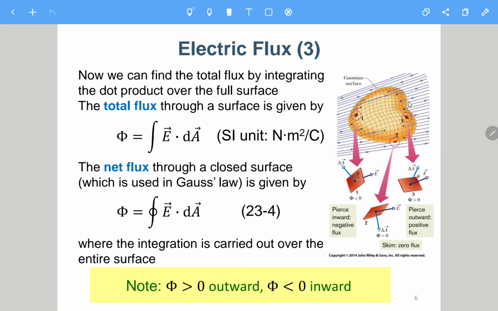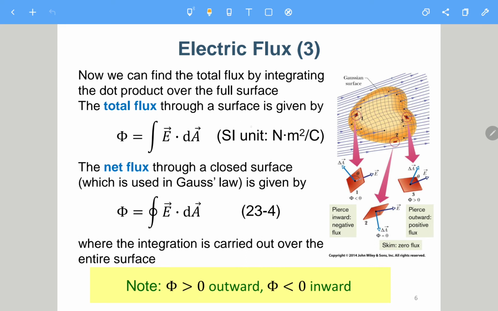And of course, we have infinitely many small areas, so we need to use integration, which is like the Riemann sum in the calculus class. So we use this integral of E dot dA to define the total flux. The total flux does not necessarily apply only to a closed surface.